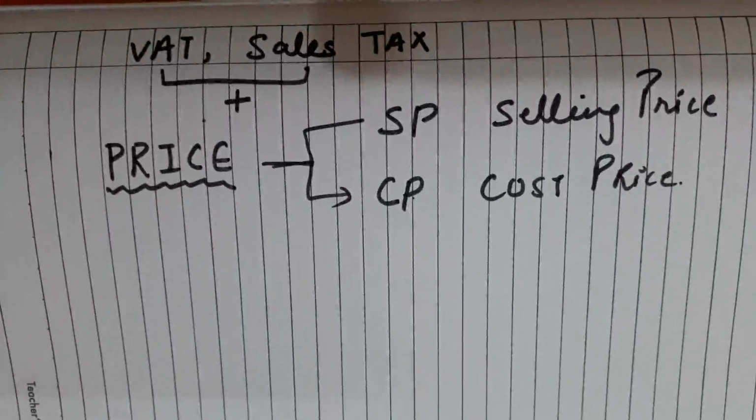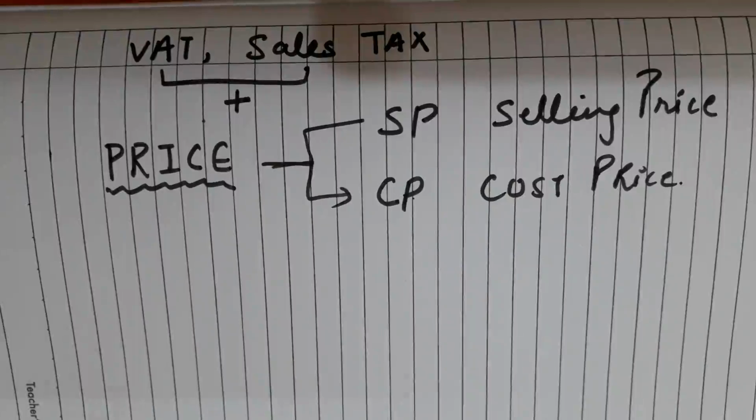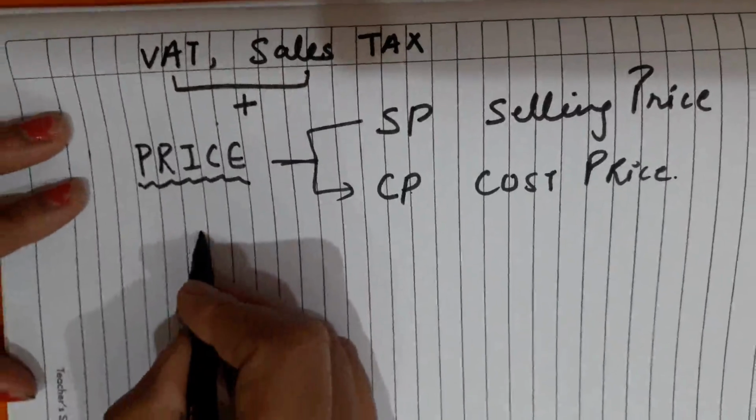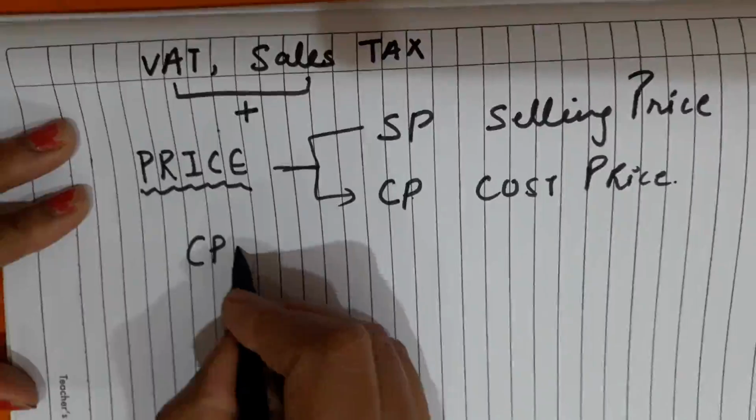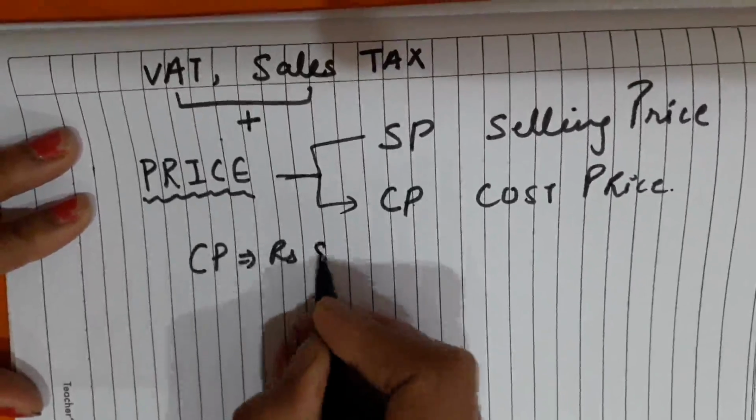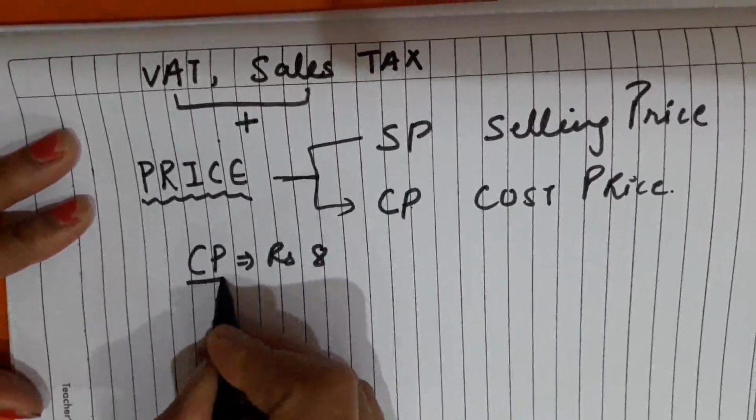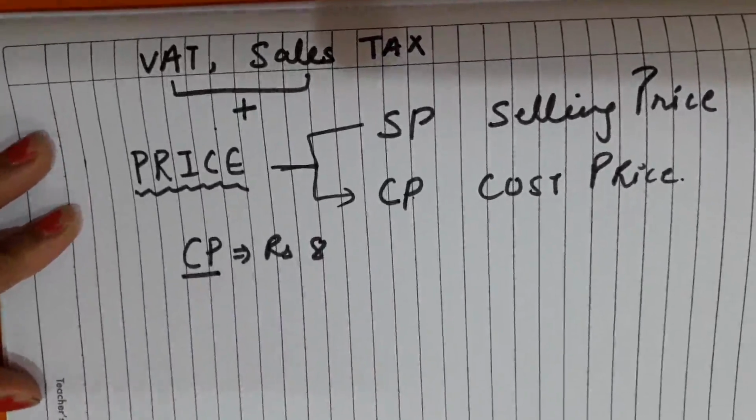Okay, suppose I want to sell a pen. But before I sell that pen, I need to buy it from somewhere. So suppose I have bought that pen for rupees 8, so that will be the cost price, because I have bought it from somewhere.